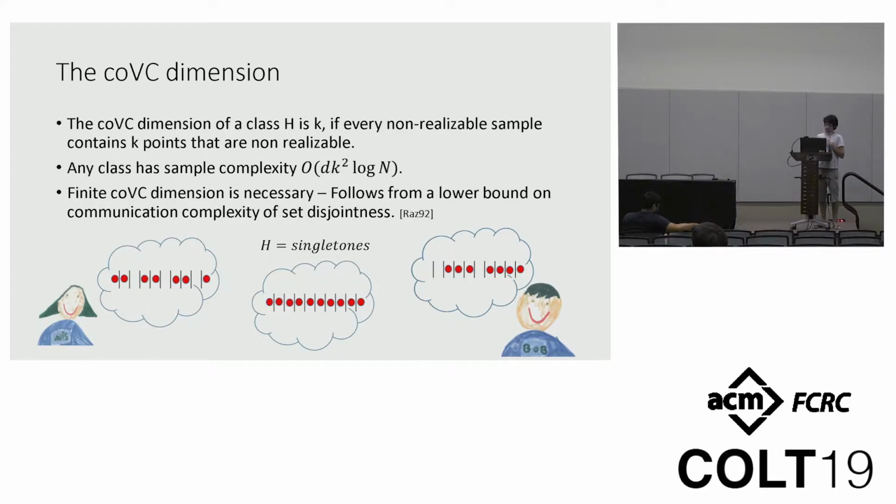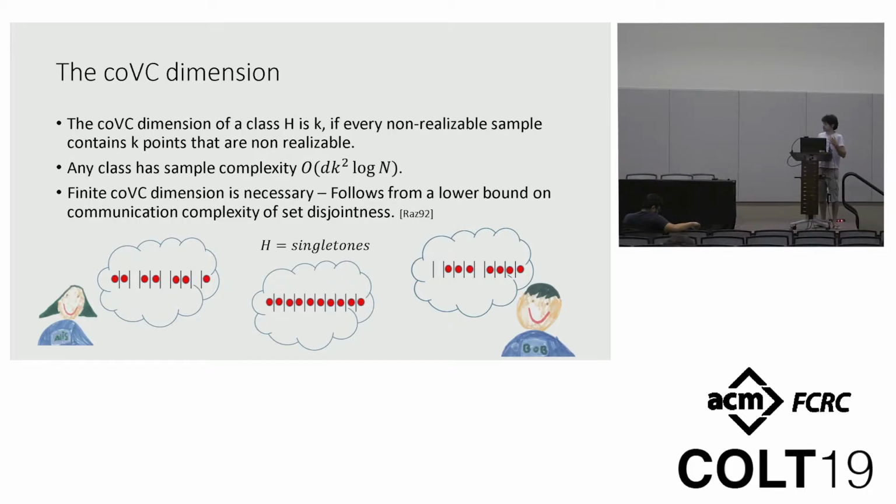Okay, and to see that it is necessary, you can look at singletons. That is a case where the coVC dimension is infinite, and then using lower bounds from communication complexity, you can prove that they are unable to decide if the sets are disjoint or not.